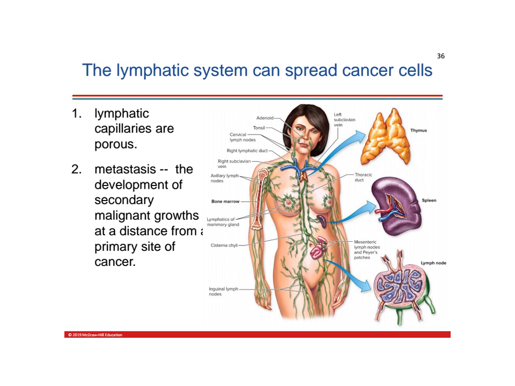But it also serves as a route for cancerous cells to get out of a local region, where a tumor is, and spread throughout the body. This process is called metastasis, when you have the development of secondary malignant growths at a certain distance from the primary cancer site. Unfortunately, this can occur through the lymphatic system.